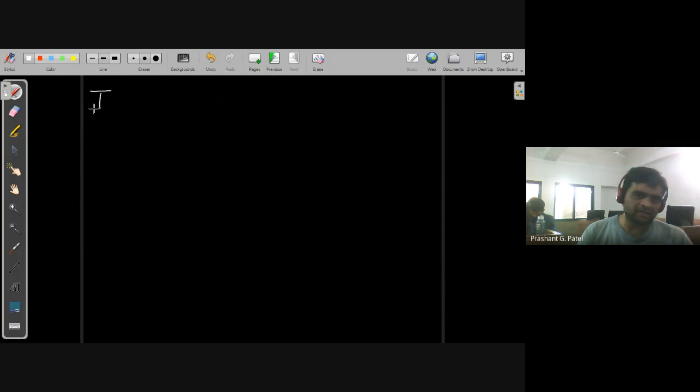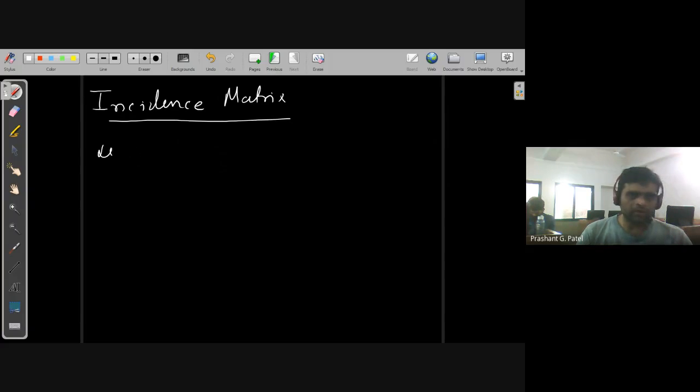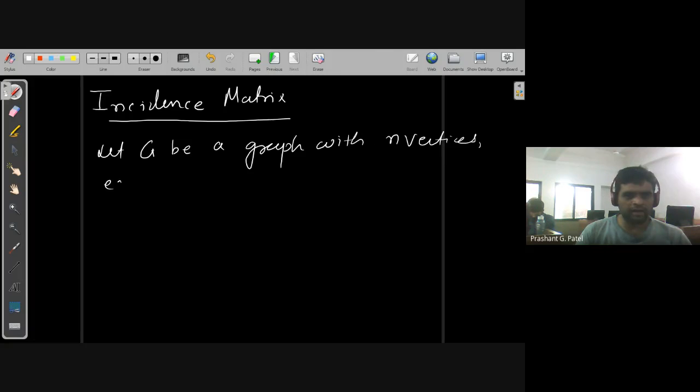The next is the incidence matrix. So how do we define the incidence matrix? Let G be a graph with n vertices and e number of edges and no self loop.